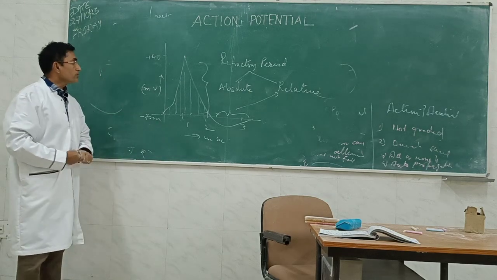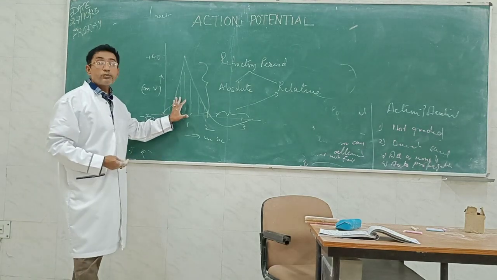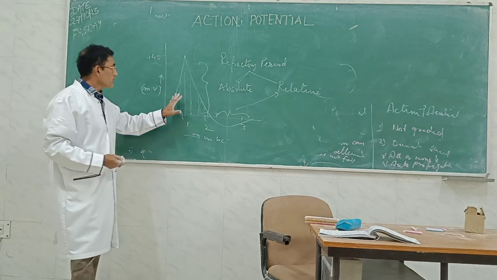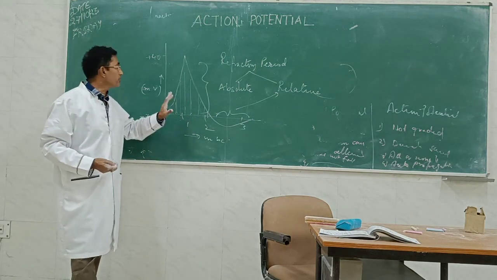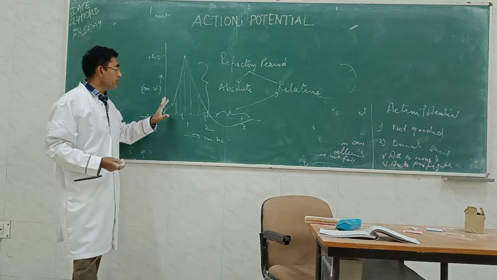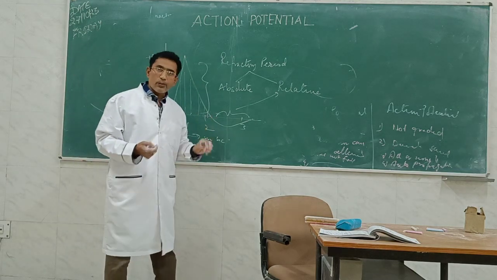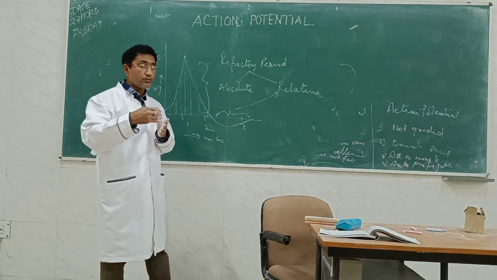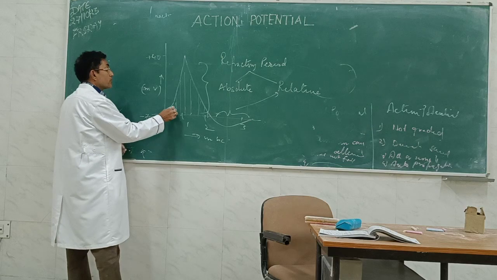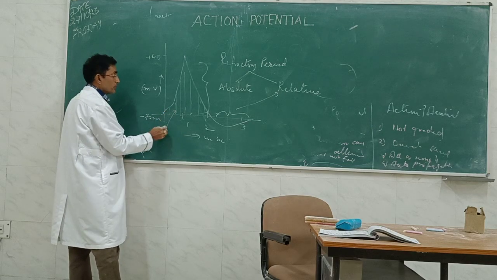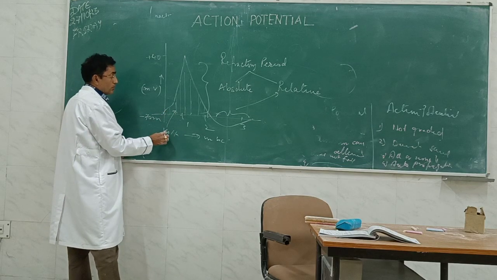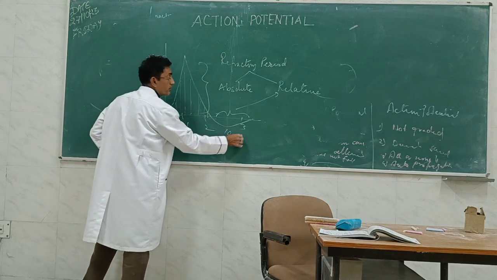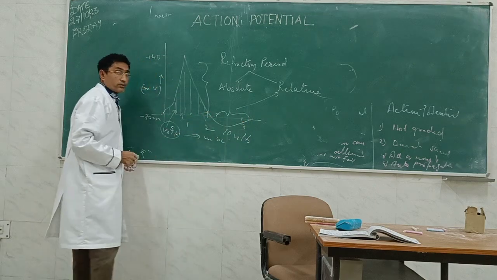How can we explain the absolute refractory period? It is the period of quiescence. In this period, if we provide another stimulus, the cell will not respond, meaning there will be no generation of action potential. But if we provide a stimulus of larger strength, suppose the first stimulus is 5 volt, then if we increase the strength to 10 volt, only then can we see the response.